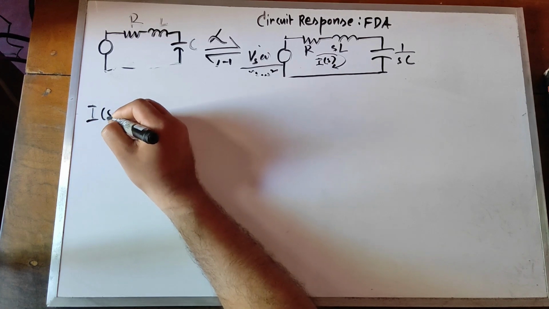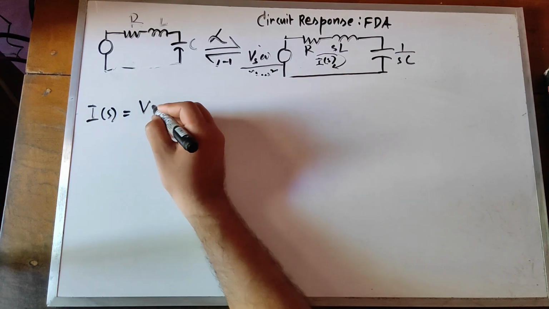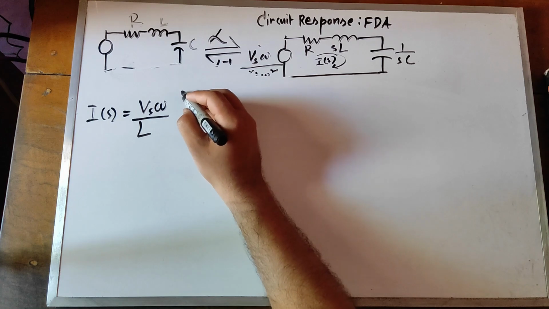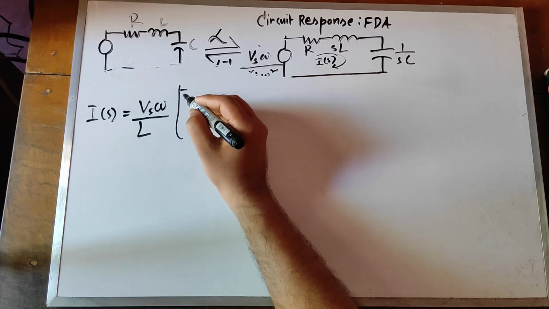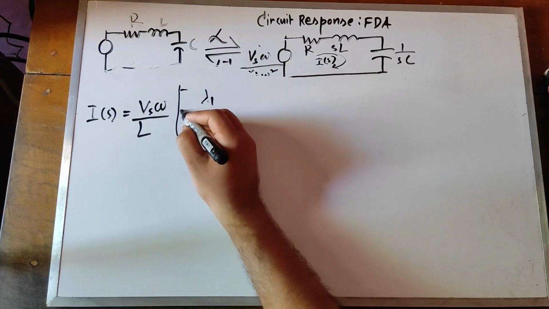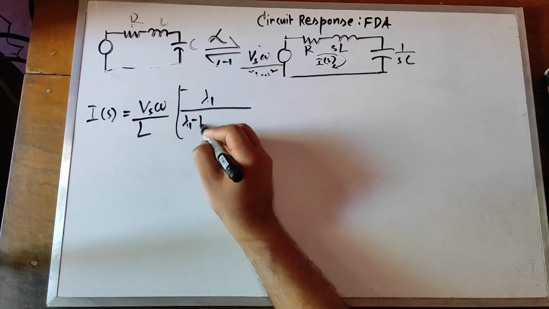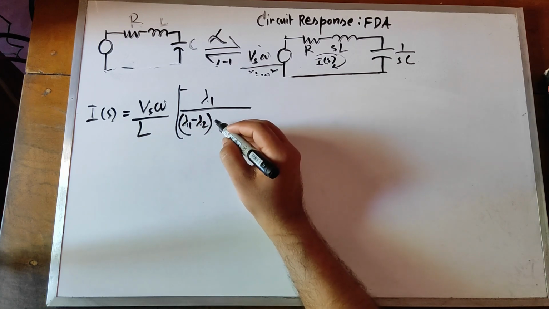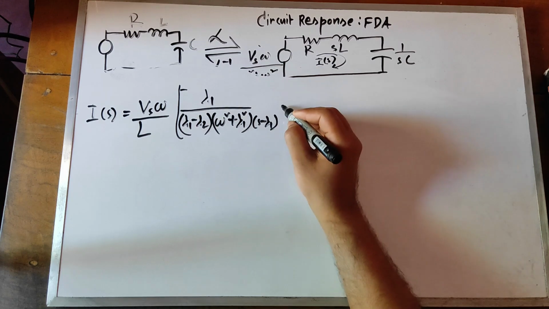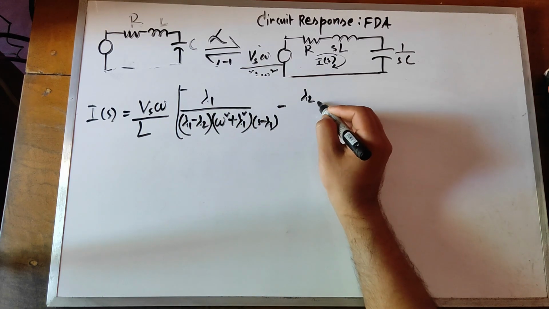Current response is Is, V is the magnitude omega by L, yes, so it was A by S minus lambda 1, so A is lambda 1 by lambda 1 minus lambda 2 omega square plus lambda 1 square, s minus lambda 1, then minus lambda 2.